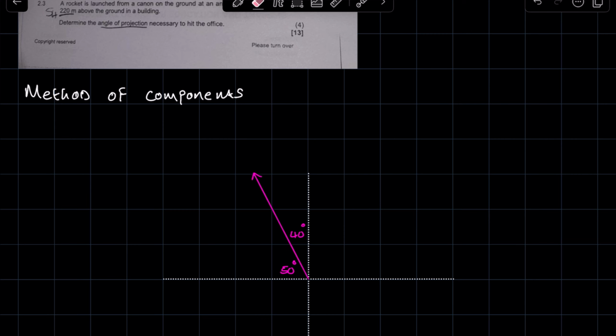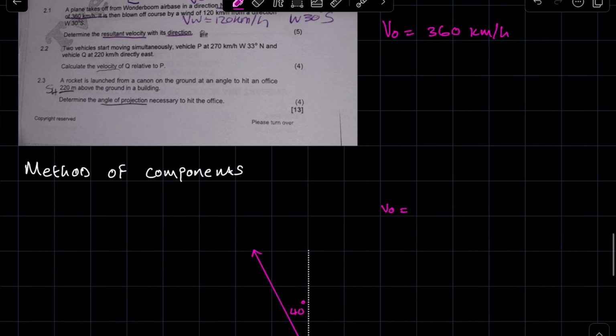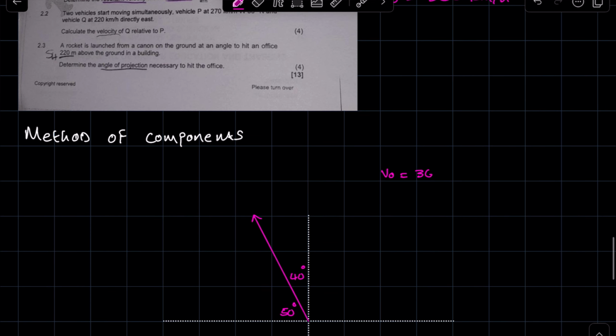VO is equal to 360 kilometers per hour. Let's make this one a bit bigger.